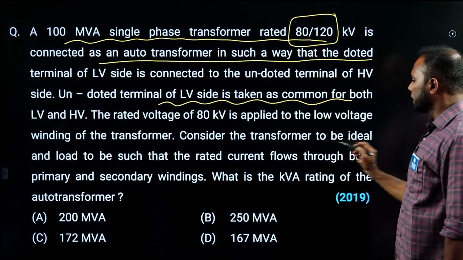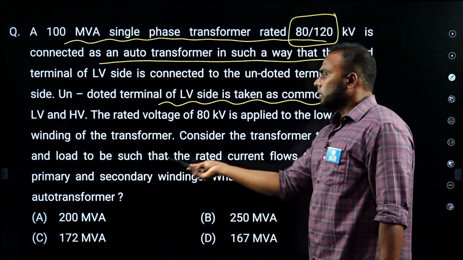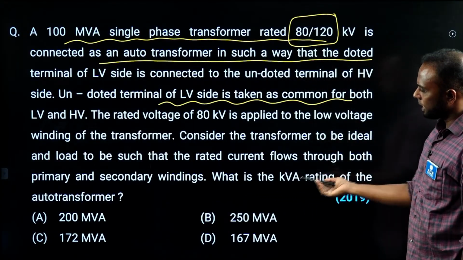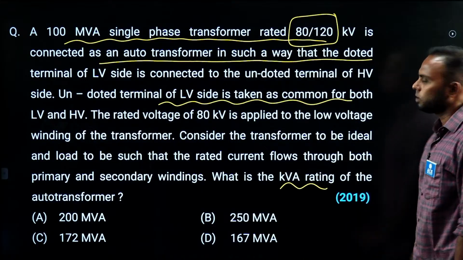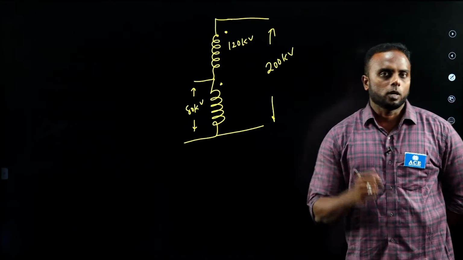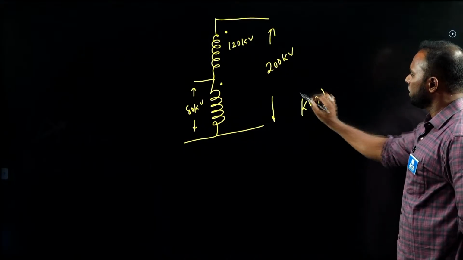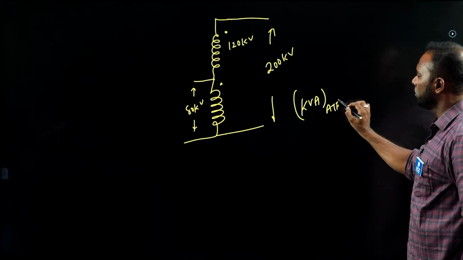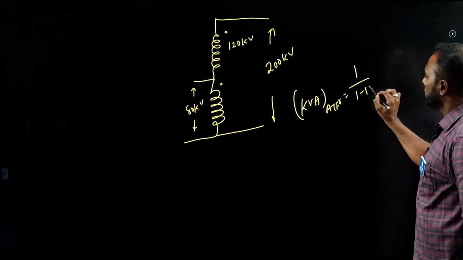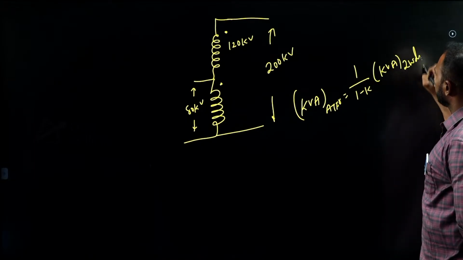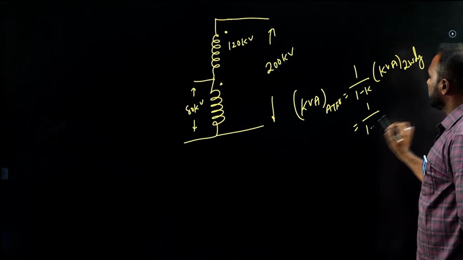Now considering the transformer to be ideal and load to be such that the rated current flows through both primary and secondary windings, what is the kVA rating of the auto transformer? So we have a formula. kVA of auto transformer for additive connection equals 1 by 1 minus k times the kVA rating of the 2 winding transformer. Then what is the k?